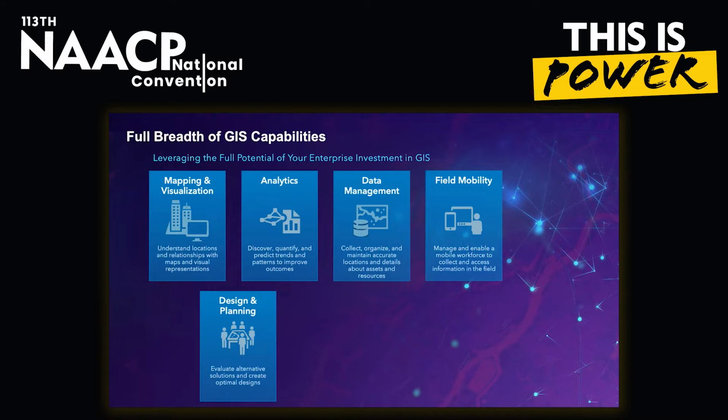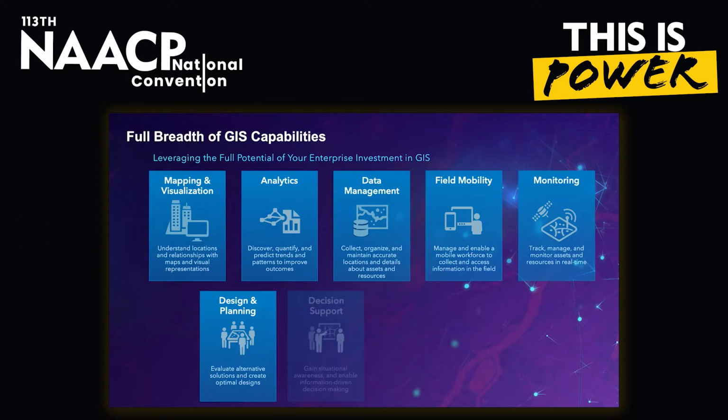You need to understand where your efforts are having impact and where there are opportunities to close more gaps. Use your GIS to track, manage, and monitor the situation out in communities and gain real-time insights. Use your GIS for decision support, gain situational awareness, enable information-driven decision-making, and enable more equitable choices.